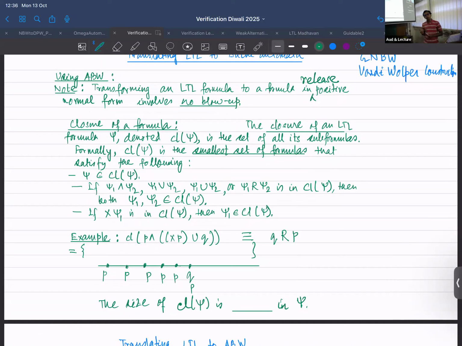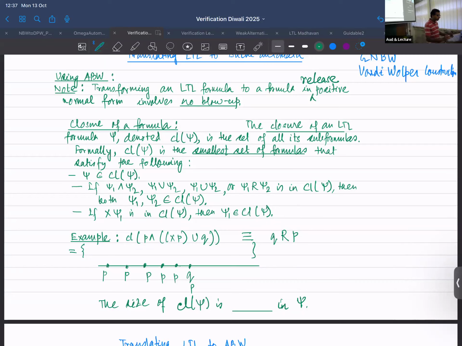What is the use of the closure of a formula? We'll see that the closure of a formula is a set of subformulas of the given formula. Suppose you are given a formula phi; you consider the closure of phi, which will have some subformulas, and they will be the states of your automaton, right? So the states themselves are these subformulas in the automaton that we are going to construct.